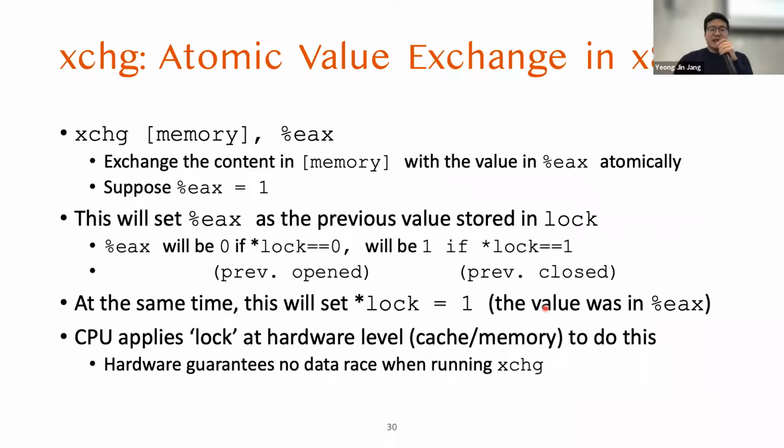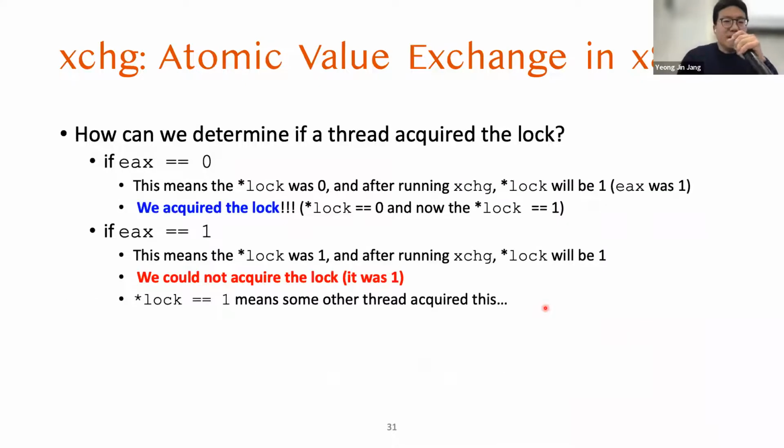So once you understand the semantics of exchange, understanding the rest of the things is very easy. The important thing is that after running exchange, we swap the EAX value and the variable in the memory.